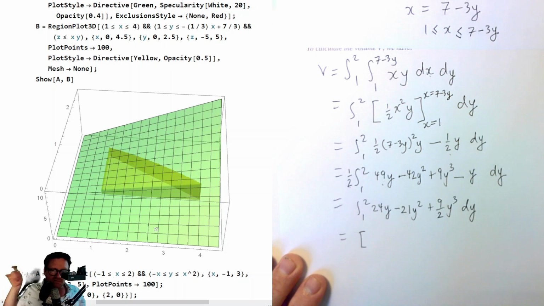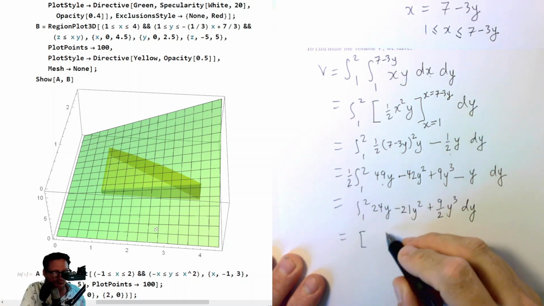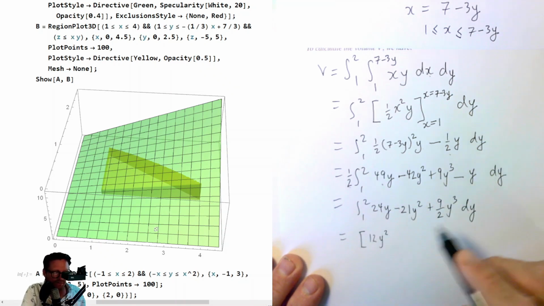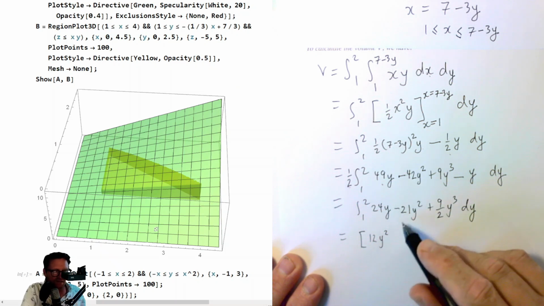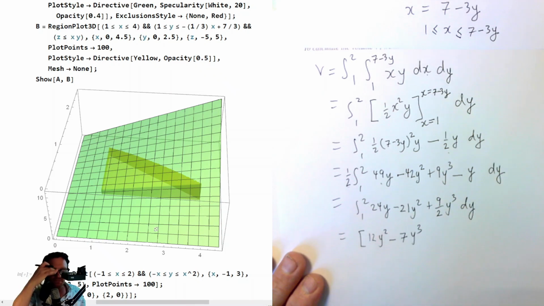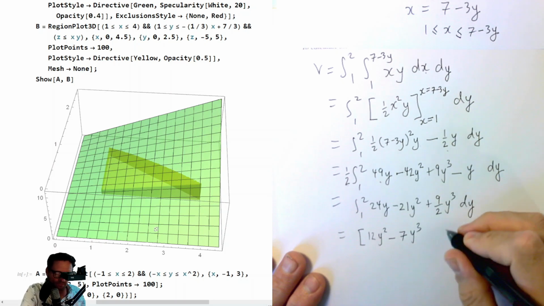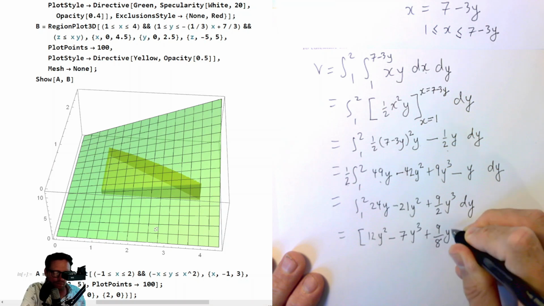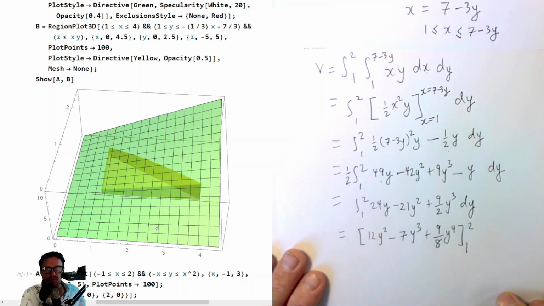Adding 1 to the exponent and dividing by the new exponent, 24/2 is 12y squared. Adding 1 to 2 gives 3, dividing by the 3, so we've got minus 7y cubed. 3 plus 1 is 4, 2 times 4 is 8, so plus 9/8 y to the power of 4. So this is from 1 to 2. Okay, good.